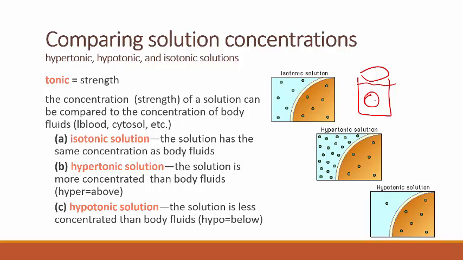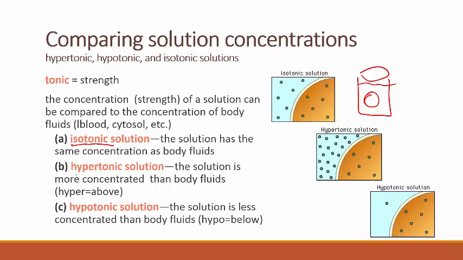If the concentration of salts in the cell and in the water bath is exactly the same, we talk about that as an isotonic solution. If, on the other hand, the water bath has more salt solute in it, then the water bath is a hypertonic solution when compared to the concentration of the cell.